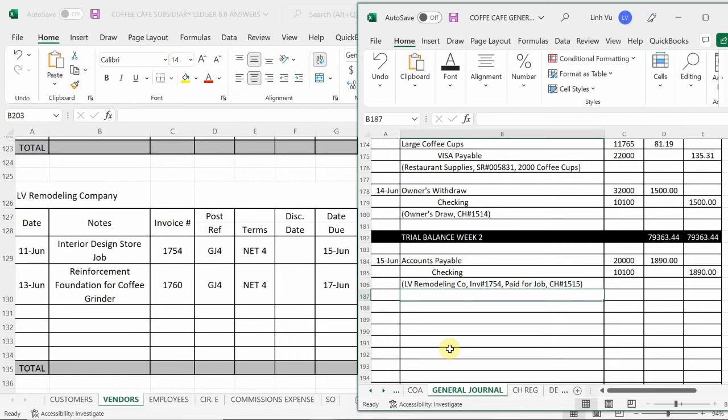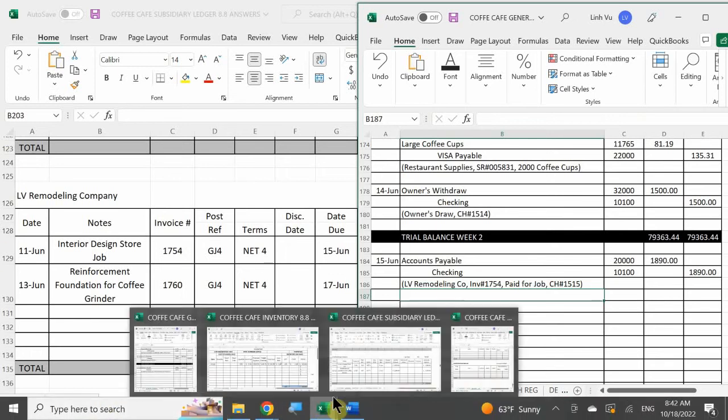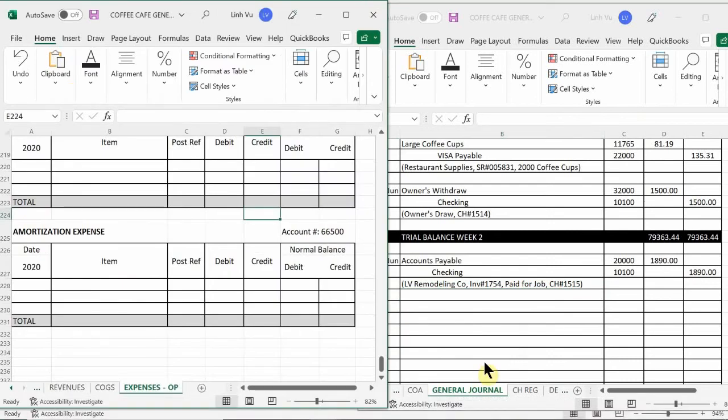Good. Now that we finished the journal, where do we go next? We would go back to our ledgers, and that would be back to LV Remodeling.